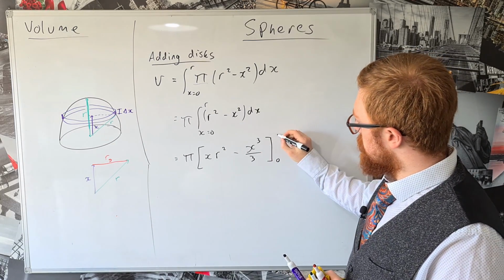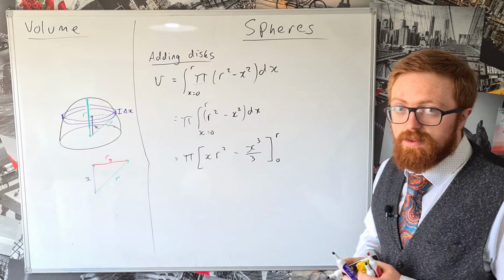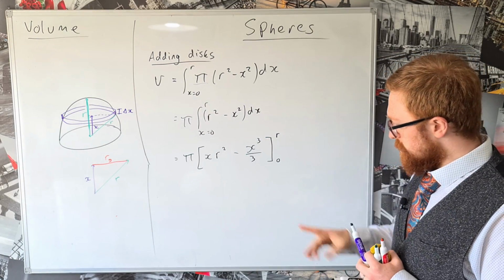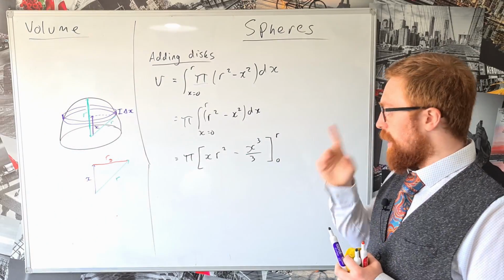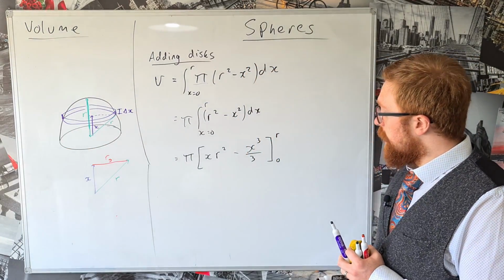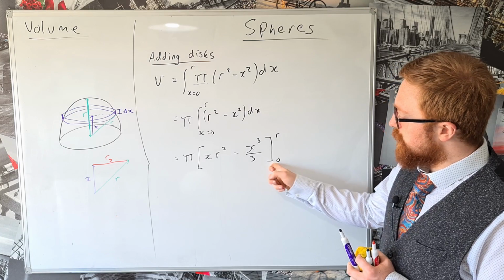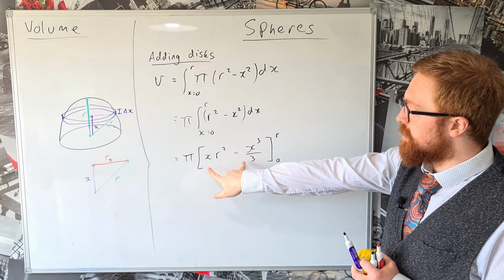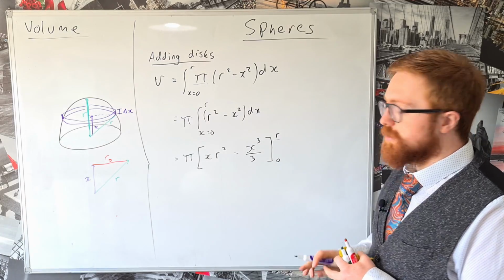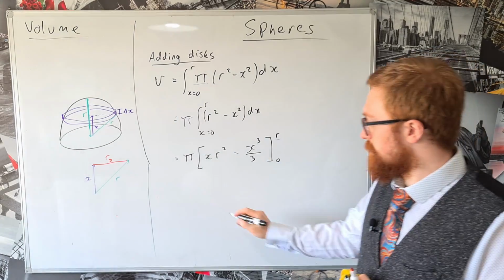And that's going to go from 0 to r. So then finally we just need to substitute in r and 0. And this is exactly the moment where we see why doing a hemisphere makes the maths ever so slightly easier, because when we substitute in 0, both of these terms just disappear, so really the only thing we need to substitute in is r.